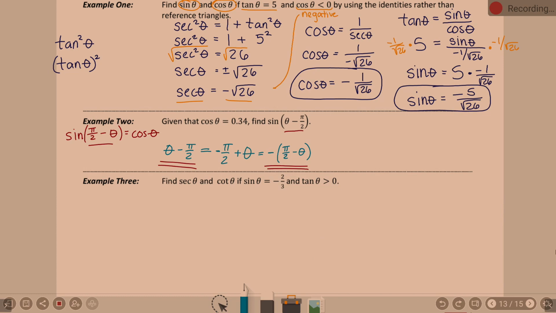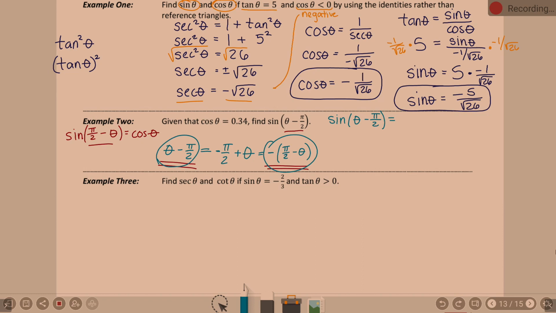So, okay, they want us to find the sine of theta minus pi over 2. So we're going to work the steps. What did we just say theta minus pi over 2 is equivalent to? I can take this and replace it with this, correct?